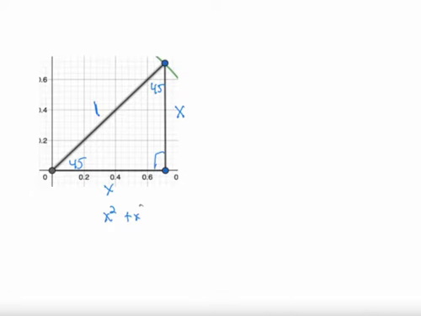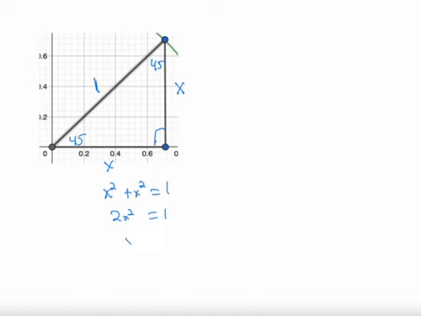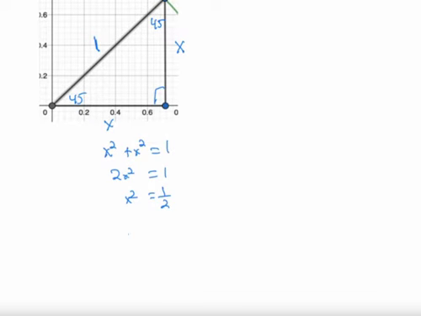So x squared plus x squared is going to be 1, so 2x squared is 1. x squared is going to be 1/2, so x is going to be the square root of 1/2. Now that is square root of 1 over square root of 2, and I don't want a square root in the denominator, so we'll rationalize that. So this becomes square root of 2 over 2.